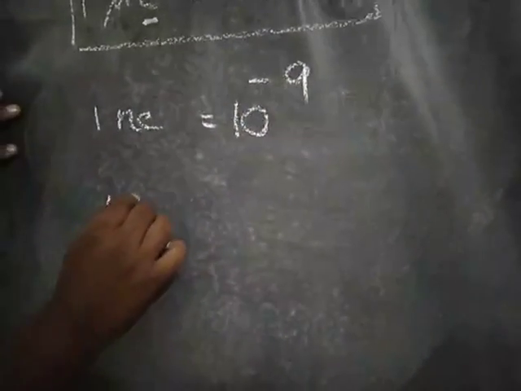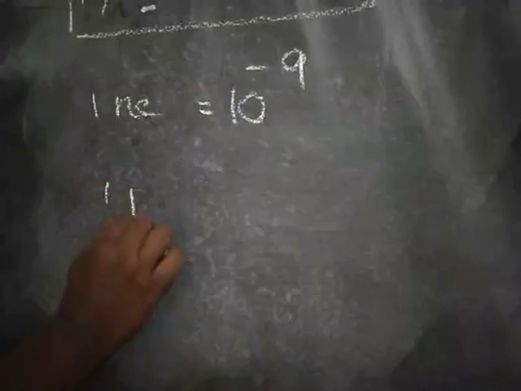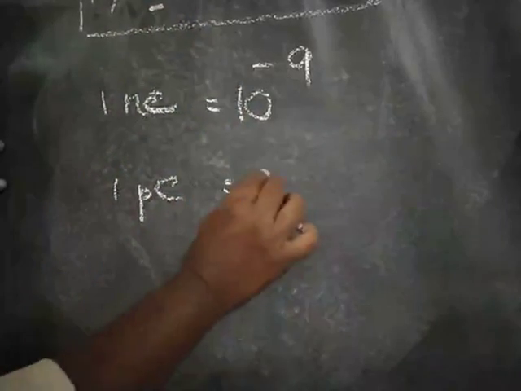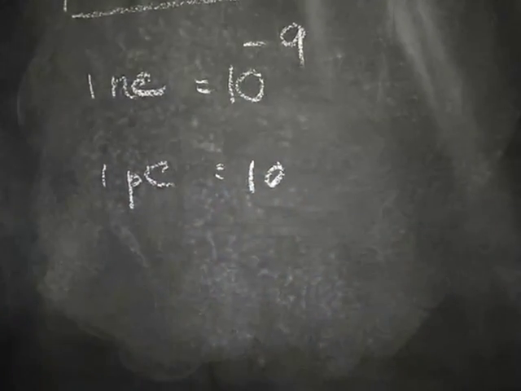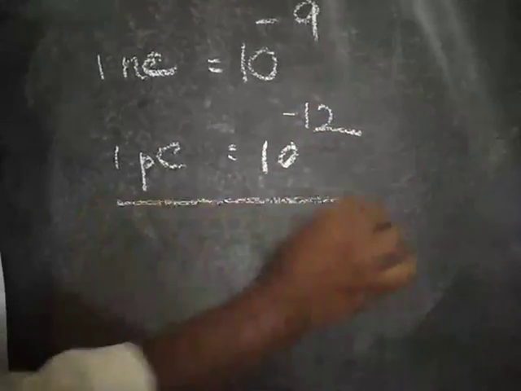1 picocoulomb, written as small p, capital C, is equal to 10 to the power of minus 12. These are the values we use in different ways. 1 microcoulomb is 10 to the power of minus 6, 1 nanocoulomb is 10 to the power of minus 9, and 1 picocoulomb is 10 to the power of minus 12.